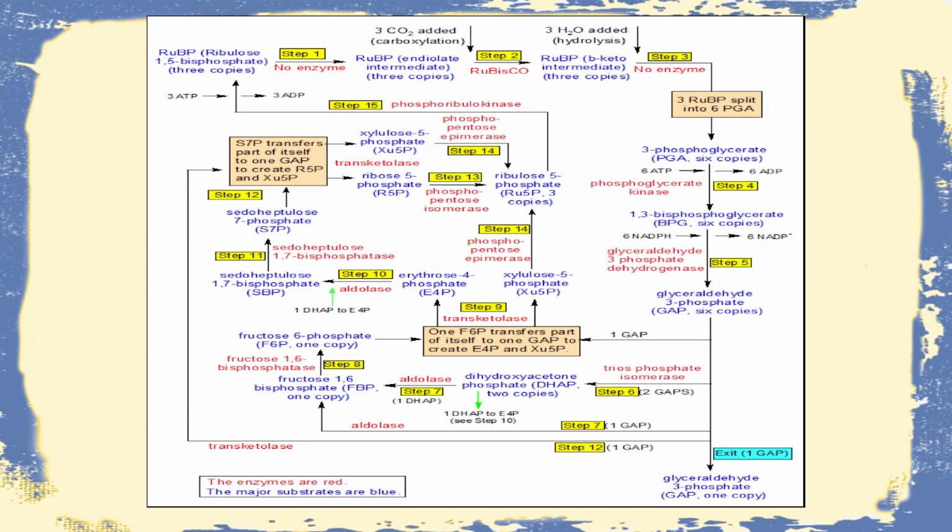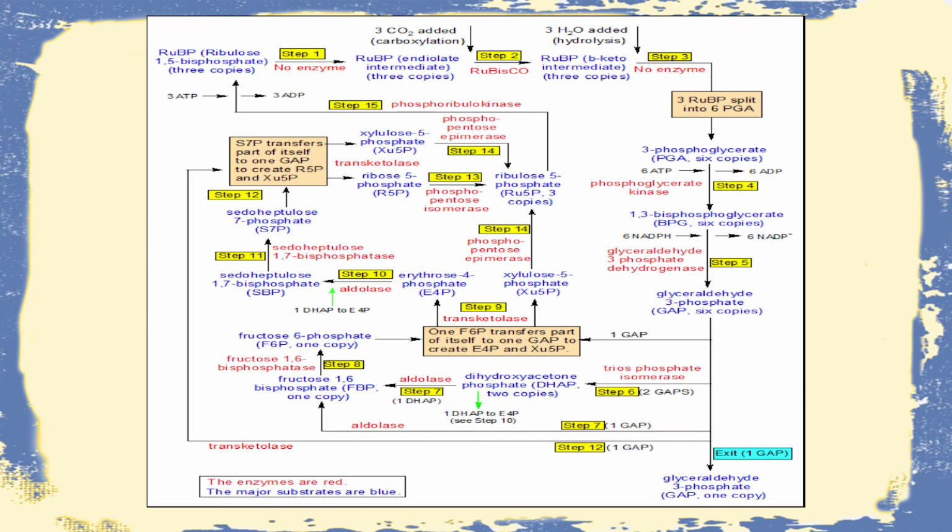In the same way, this sedoheptulose 1,7-bisphosphate will be acted on by bisphosphatase enzyme to produce sedoheptulose 7-phosphate. This sedoheptulose 7-phosphate ultimately will produce one molecule of xylulose 5-phosphate and one molecule of ribose 5-phosphate.